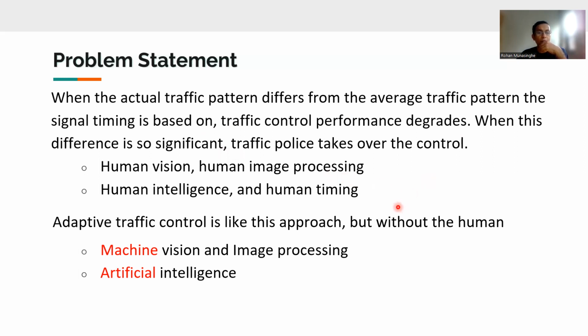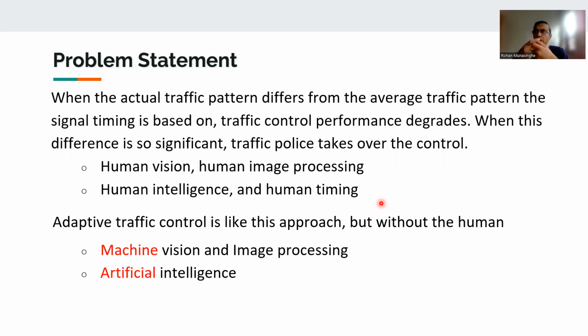When the traffic police is in control, he uses human vision, human image processing. He looks at the road, how many vehicles are there, this way, that way, and he comes up with some sort of control algorithm using his intelligence, and then he controls the timing. That's what the policeman is doing. So he is able to get things under control when the static timing fails.